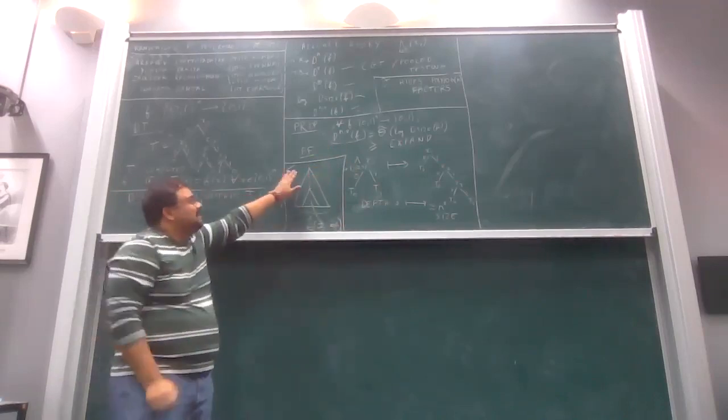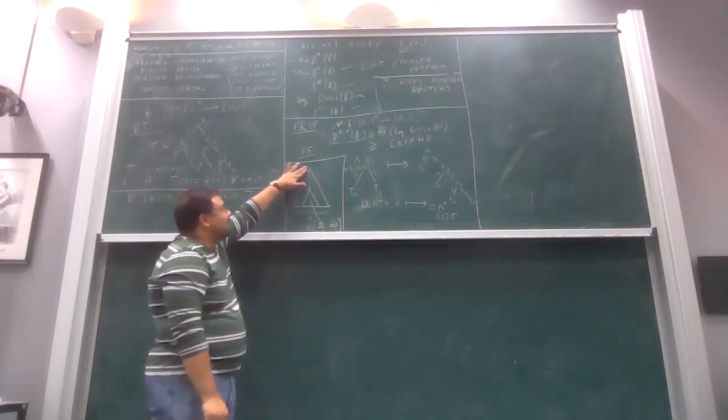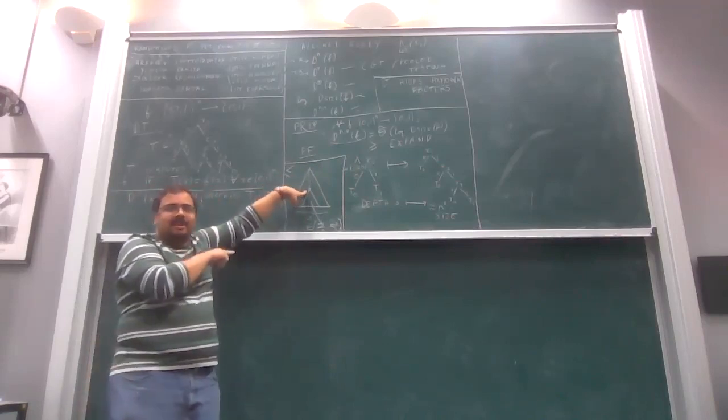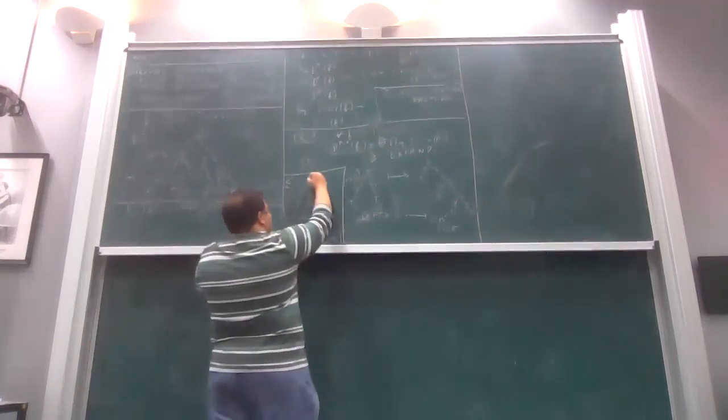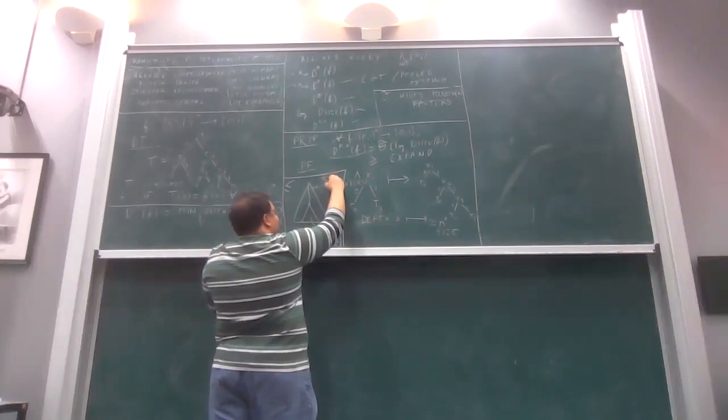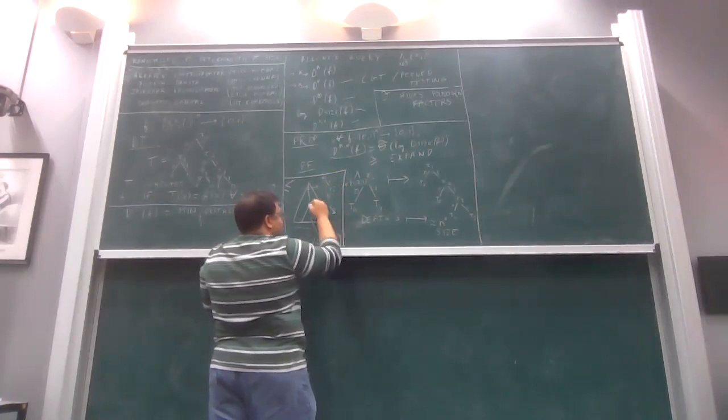With two queries, if you think about it a little, you can test whether your input reaches this node or not, with an AND query and with an OR query. So let's suppose this path was x1 equals 1, x2 equals 0, x3 equals 1. And then this node was this node here.